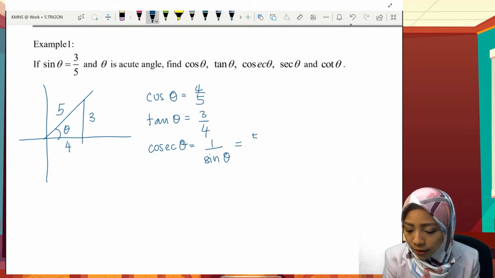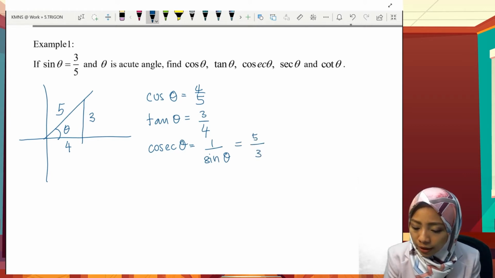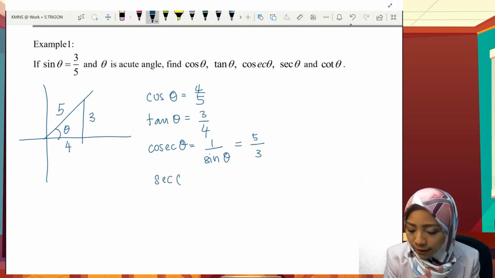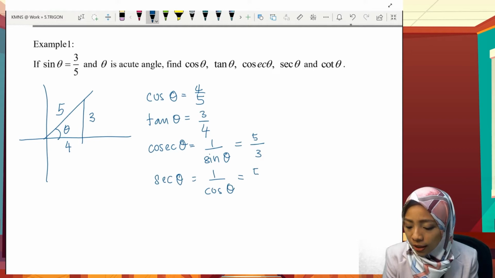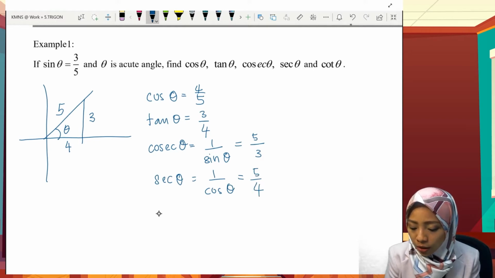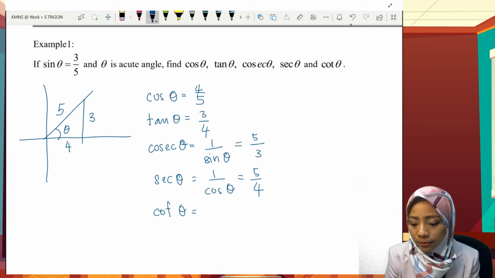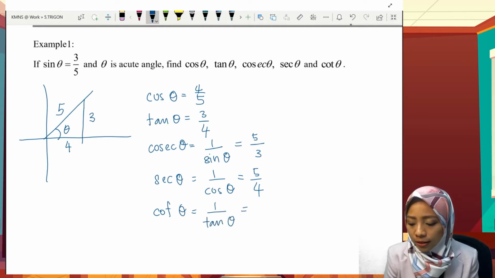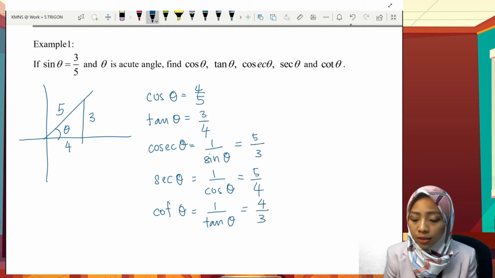So it's a reverse, 5 over 3. And then secant theta equals to 1 over cos theta, 5 over 4, while cotangent theta is equals to 1 over tangent theta. So it's a reciprocal of 3 over 4, which is 4 over 3.